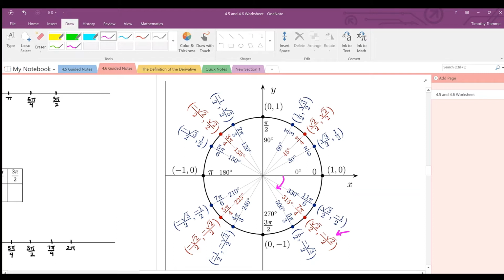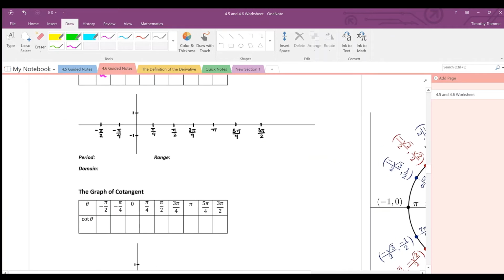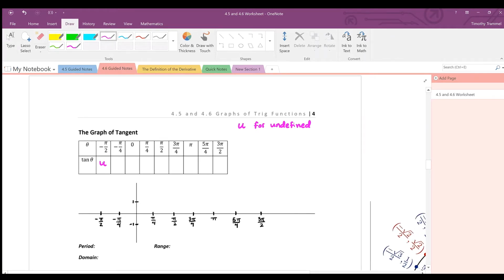So if you do y over x, we're just going to get minus 1. Right, and we can keep doing this. The next one will be 0, and then 1, and then it'll be undefined again, and then minus 1, 0, 1, undefined. And you might be seeing that there's a pattern now.